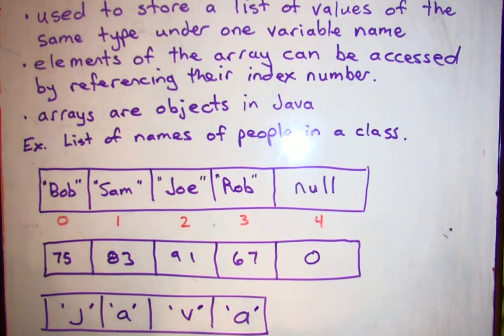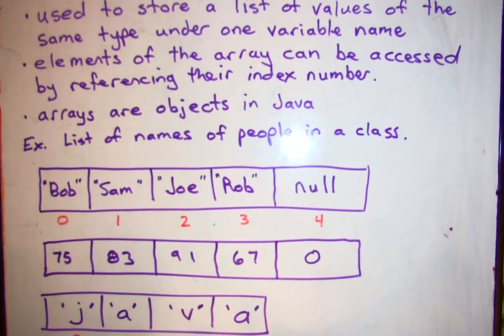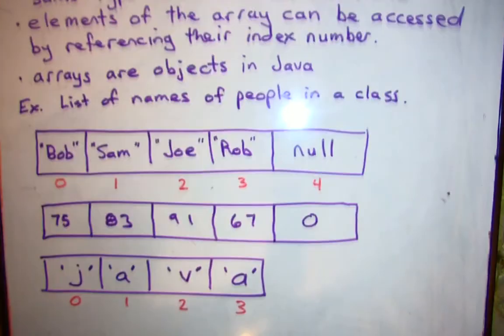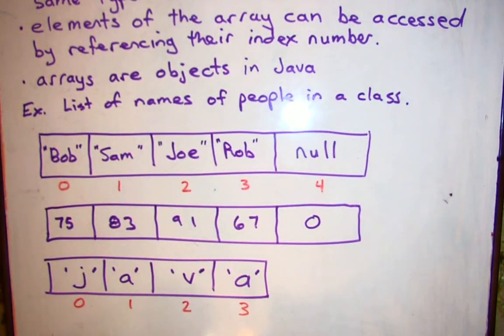So this is element 0 here, this is element 1, element 2, element 3. So just to show you that there. So that's how arrays work. You can store, like I said, any type of value in there at all. It's up to you. And that's how they're related to each other.